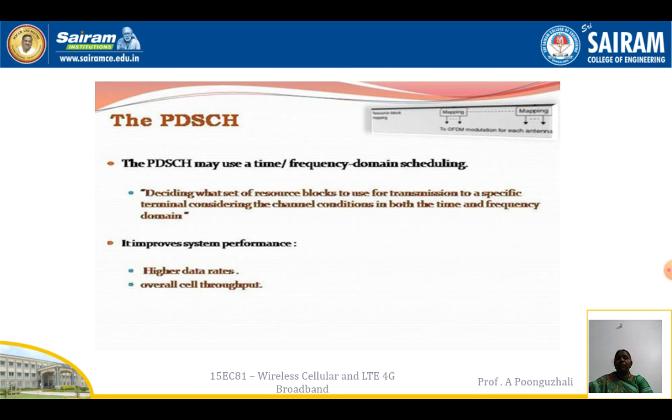Next is your physical downlink shared channel. This physical downlink shared channel may use time or frequency domain scheduling. Here it is going to decide what set of resource blocks are going to be used for transmission to a specific terminal, considering the channel conditions in both time and frequency domain.